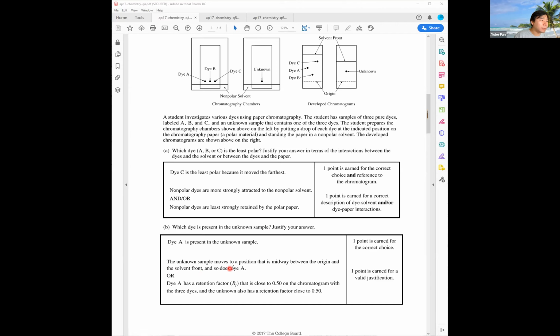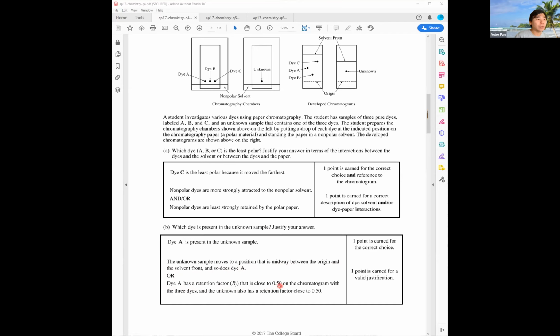The unknown sample moves to a position that is midway between the origin and the solvent front, and so does dye A. Okay, more accurately or mathematically, because I told you many times math is always the best way to explain: dye A has a retention factor, RF, that is close to 0.5.